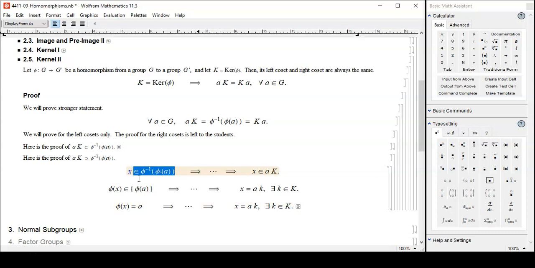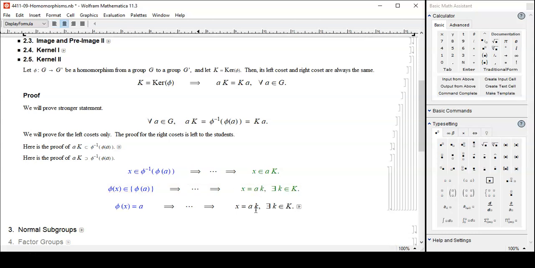This blue, and then this blue, and this blue are the same. And then this one here, green, and this one here, green, are the same. And then let's rewrite like this.